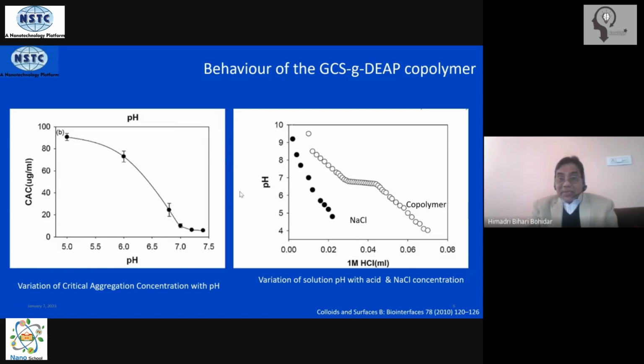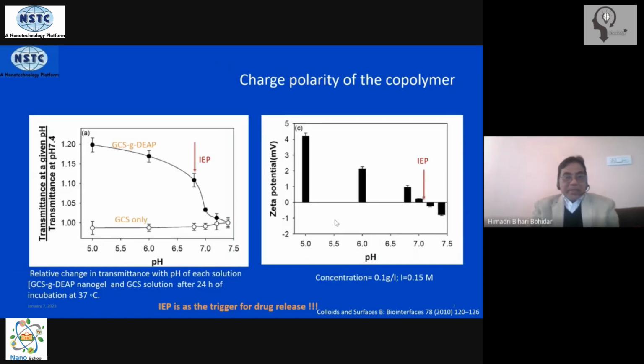As you change the pH of the polymer, it changes drastically, and it also changes drastically with ionic strength. So all these things are conducive for designing a platform for cancer therapy using this polymer precursor.